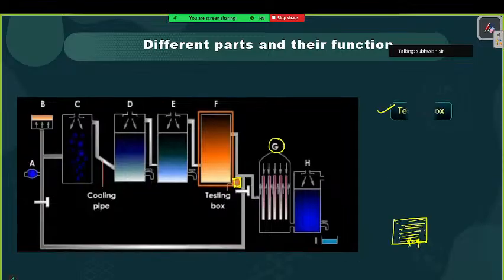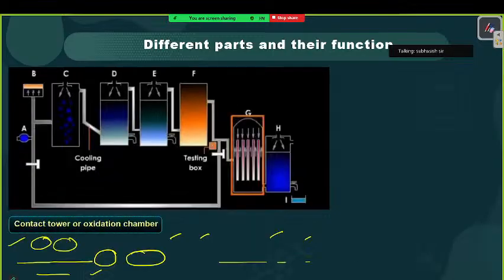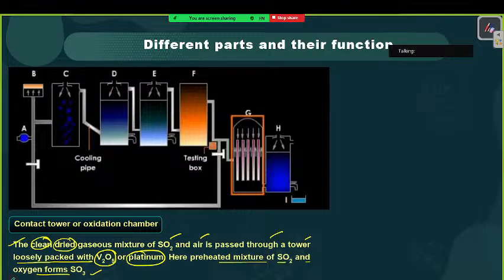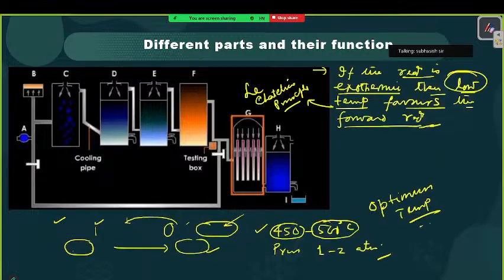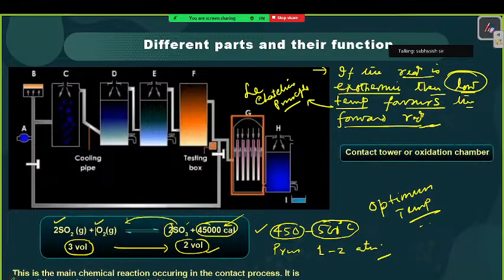And after that, the testing box, which tests whether any dust particles are present in the gaseous mixture, and if it is confirmed that there are no dust particles, then that gaseous mixture goes to the next step. The contact tower, where sulfur dioxide is oxidised to sulfur trioxide by the use of vanadium pentoxide, at a temperature of 450 to 500 degrees Celsius.